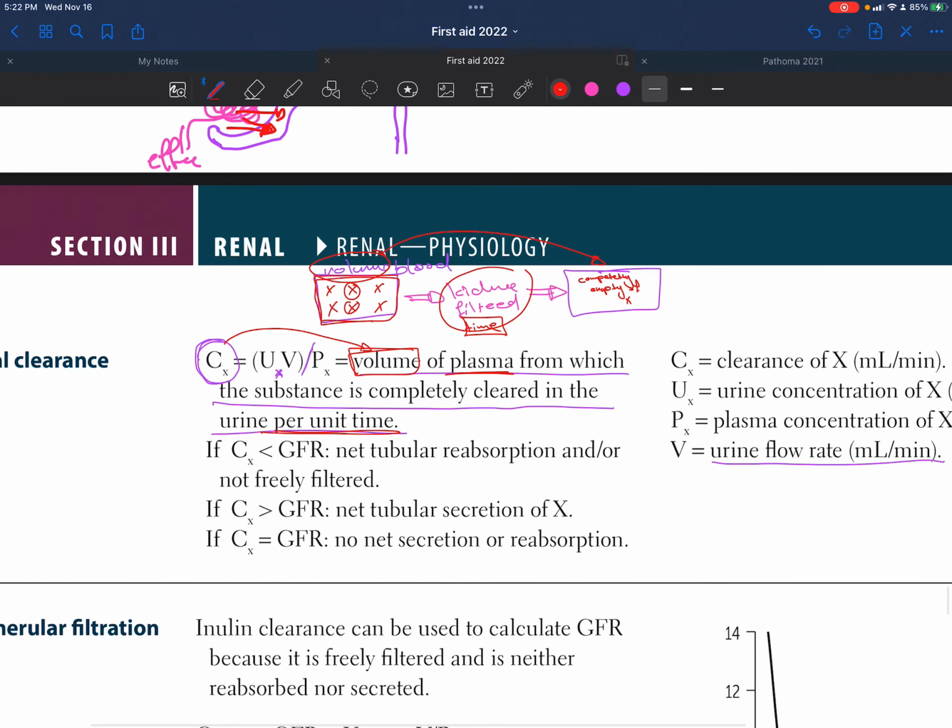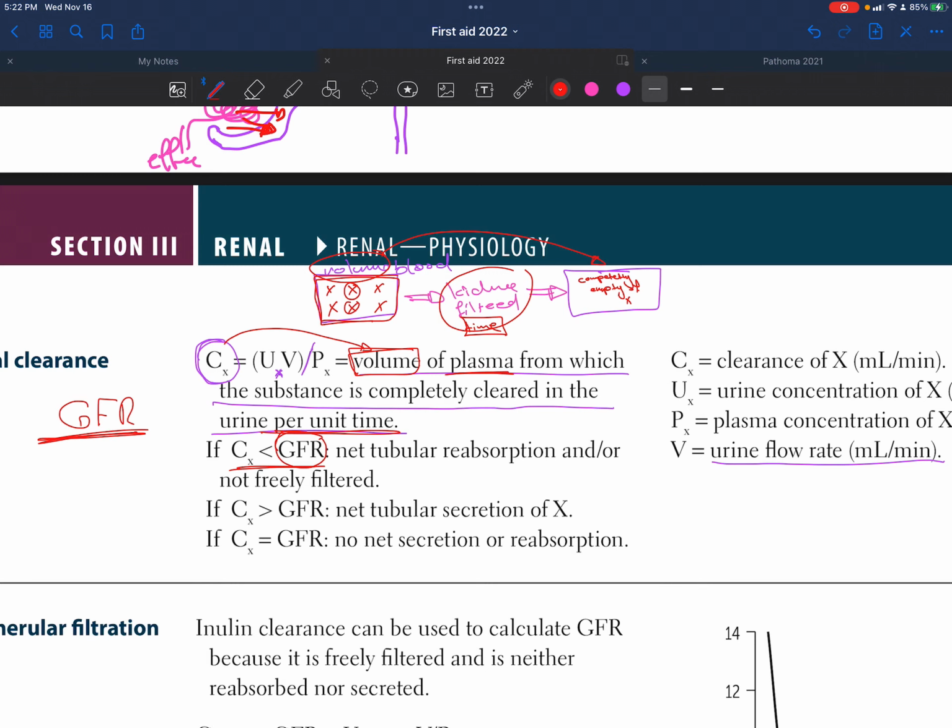So we have a few options. If the clearance of that material X is less than the glomerular filtration rate, which for a specific person is known, we can measure it and determine how much the GFR is for that person. That is the normal amount of blood that gets filtered through the glomeruli.